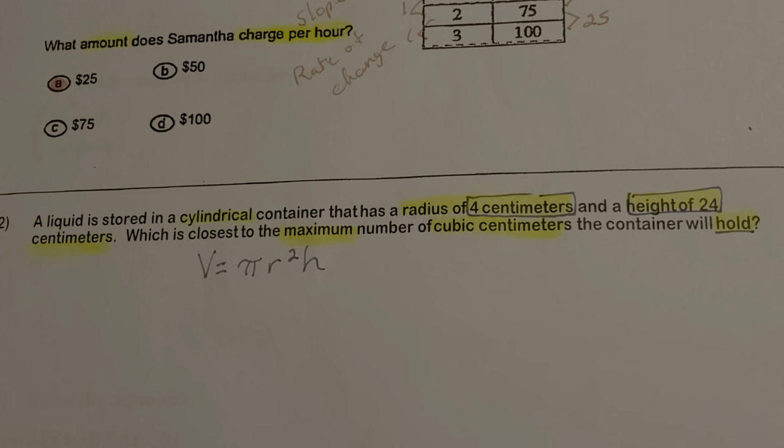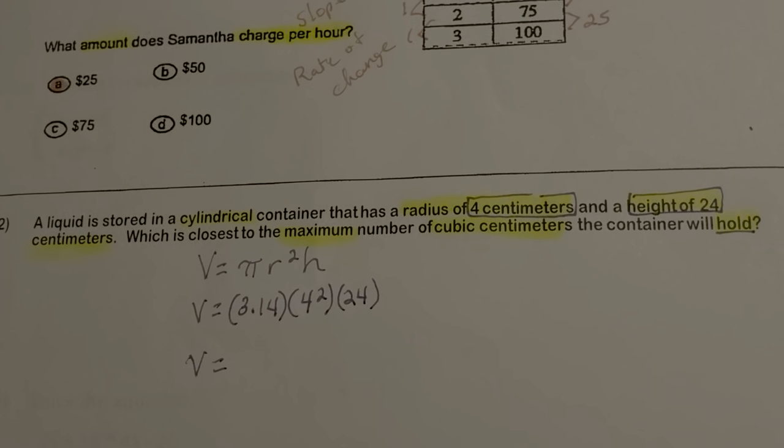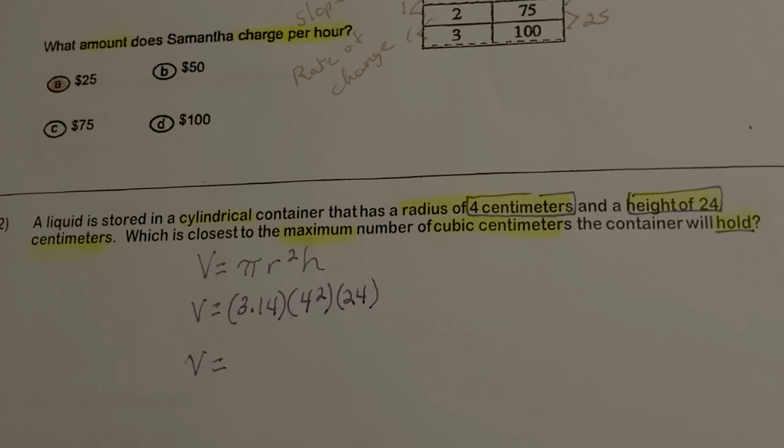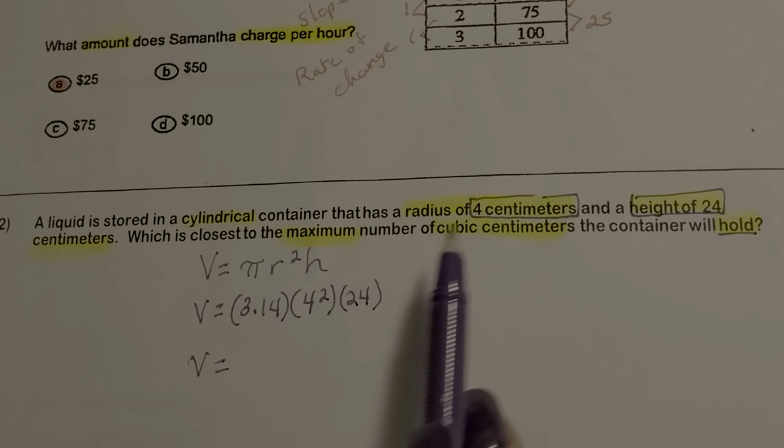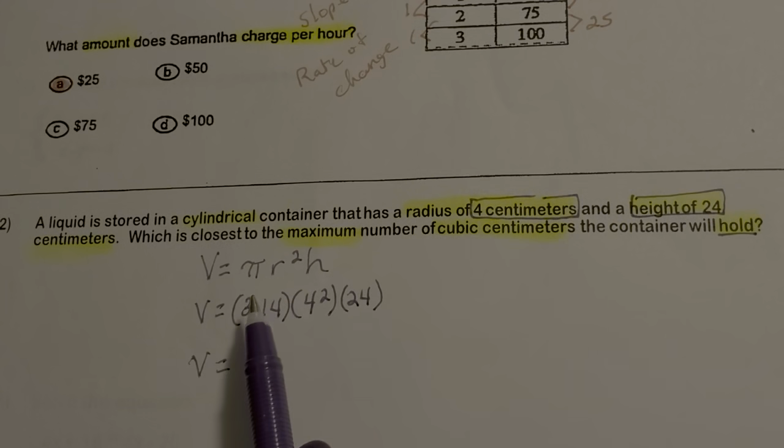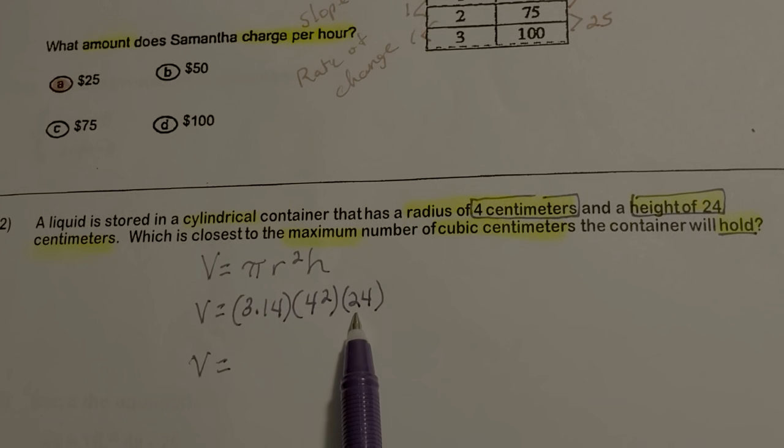22 says that we have a cylindrical container that has a radius of 4 centimeters and a height of 24 centimeters. What is closest to the maximum number of cubic centimeters the container will hold, which is asking us to find volume. So we substitute 3.14 for pi, 4 squared for the radius squared, and 24 for h.